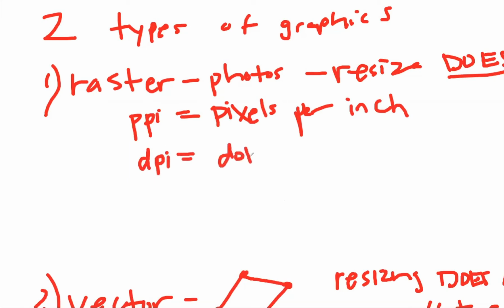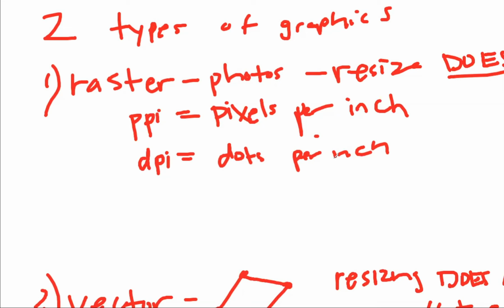was dots per inch. And they're the same value. So if I said 300 PPI or 300 DPI, it's the exact same thing. It's just a change in terminology. The reason the change was made is because DPI represents printing. Dots per inch, it's the physical ink dots that get printed on a page.